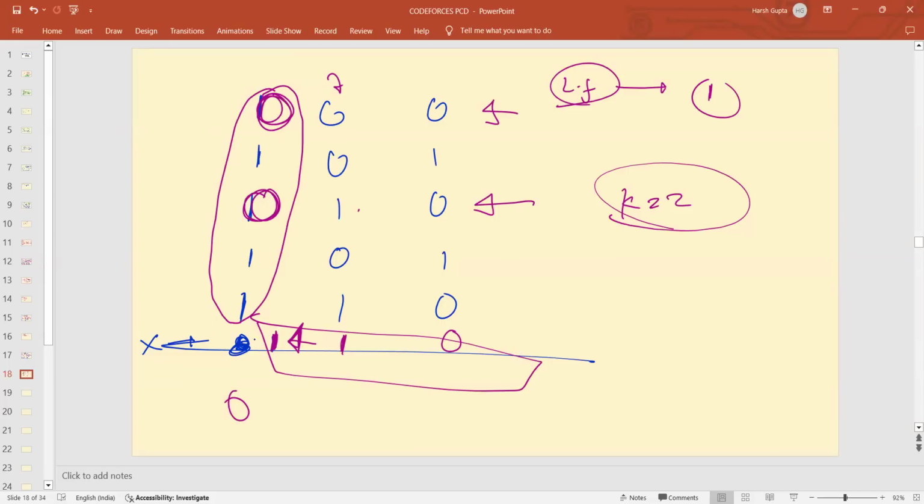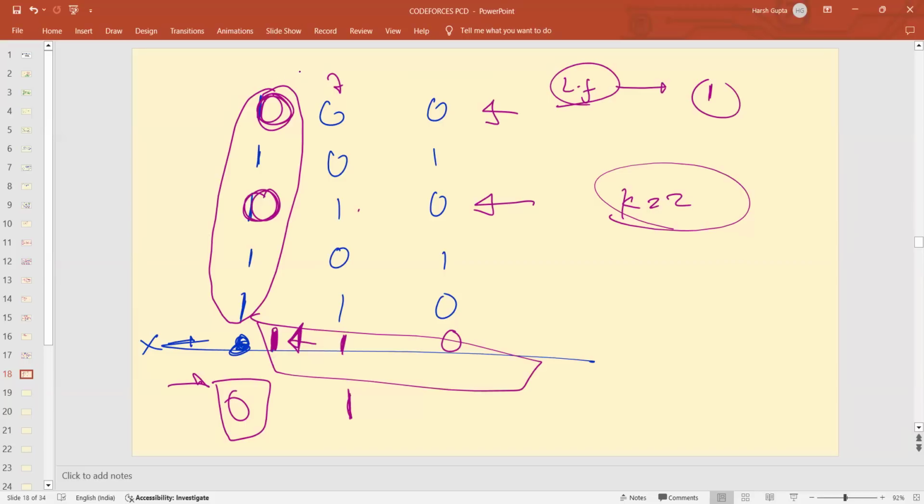So if we were trying to make the final AND value for this particular bit 1, accidentally what happened? This particular bit got turned to 0. So we need to take care of these cases as well, that if let's suppose we already have AND values as 1, and in x for that particular bit we have value as 1, so we know that we can't do any XOR operations, because if we do, then the bits will get turned off and the final AND value will come down to 0 for that particular bit. That is something we don't want.